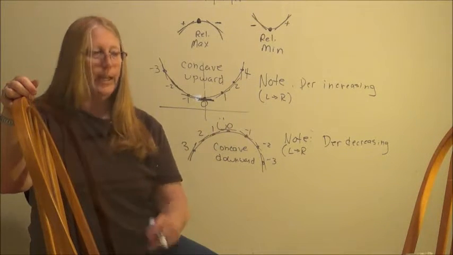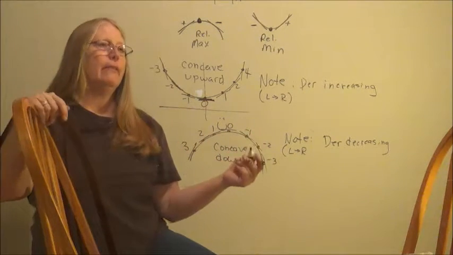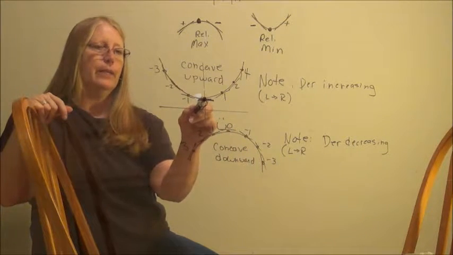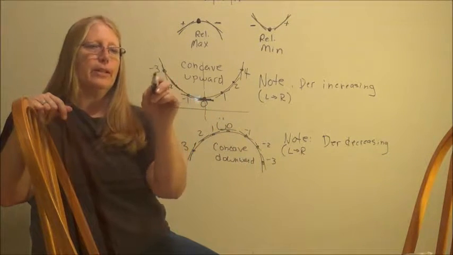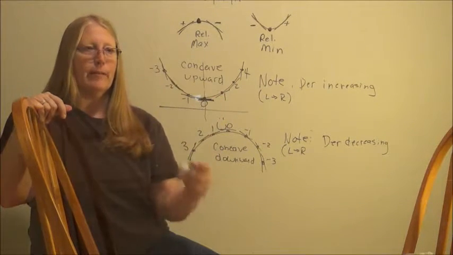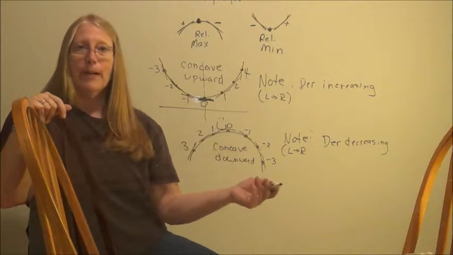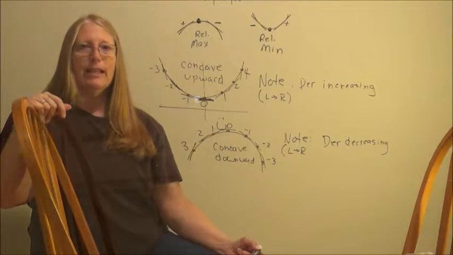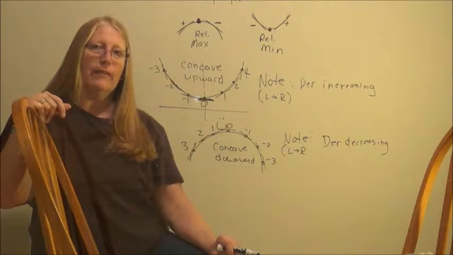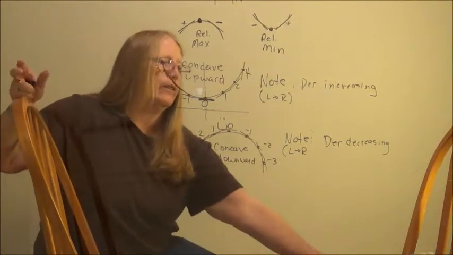It would be sort of a pain to have to take a function and find where its derivative is 0, and then look at several test points to the left, and several test points to the right, and see if you have this pattern, or perhaps neither. That would take a lot of test points. So there's a much quicker way to find the concavity of a graph. I will reveal that way.